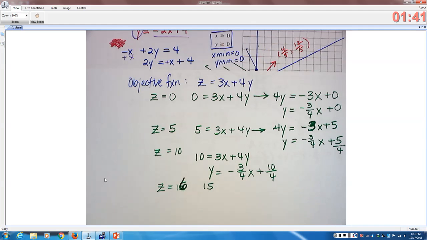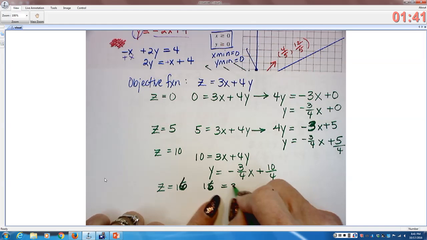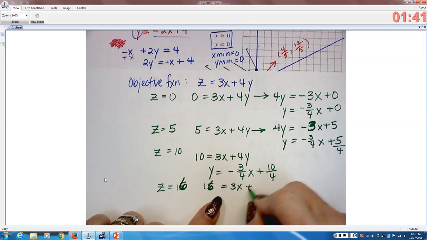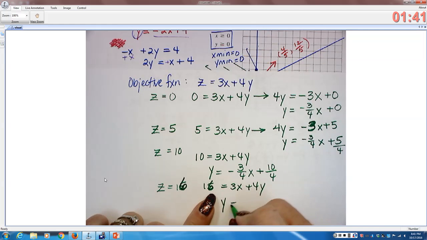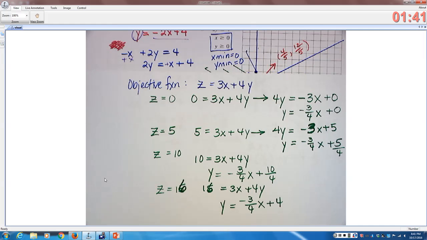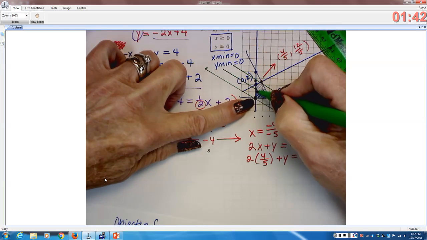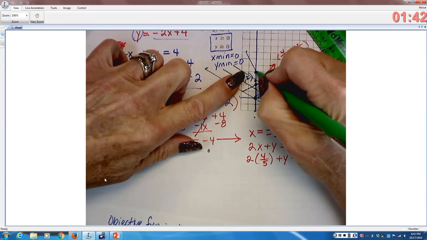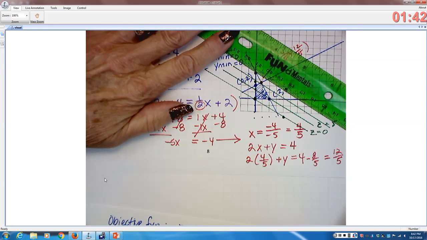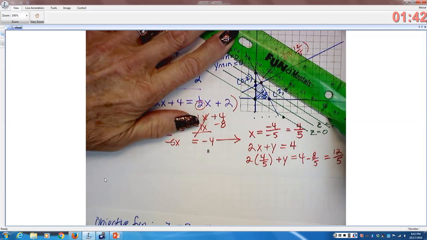It doesn't have to be incremented the same. 16 over 4 is 4. So let's see, here's 1, 2, 3, 4. It's going to go through that one. And again, I'm going to try to keep it as parallel as I can without actually drawing a bunch of points.